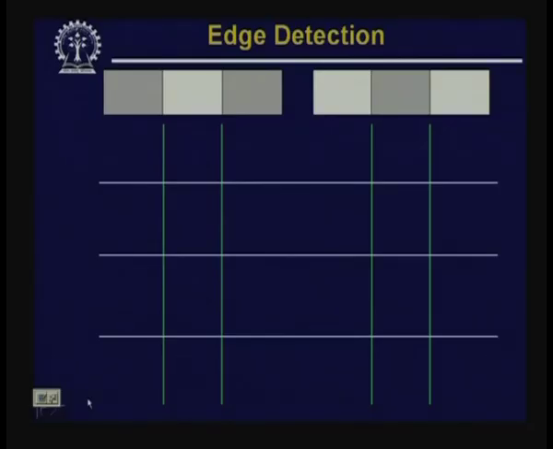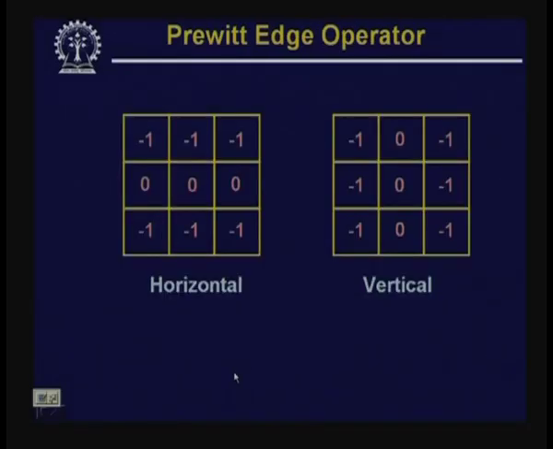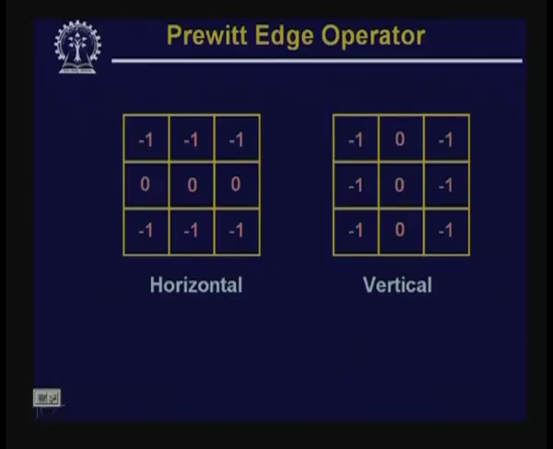And there are various ways in which these first derivative operators can be implemented, and here we will show some operators, some masks which can be used to compute the image gradient. The first one that we are showing is called the Prewitt edge operator. In case of the Prewitt edge operator, we have two masks. One mask identifies the horizontal edges and the other mask identifies the vertical edges.